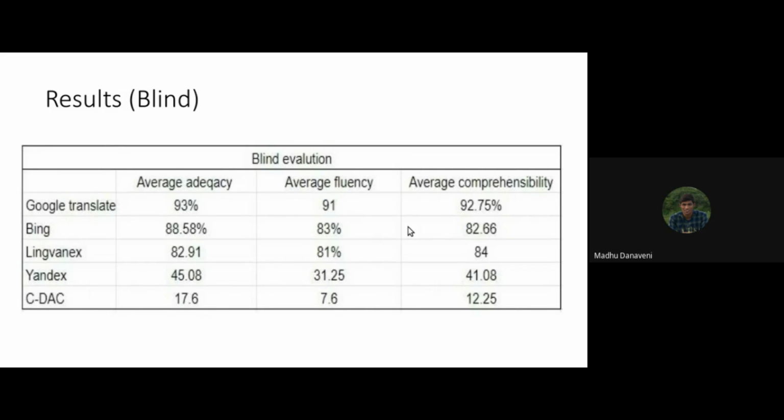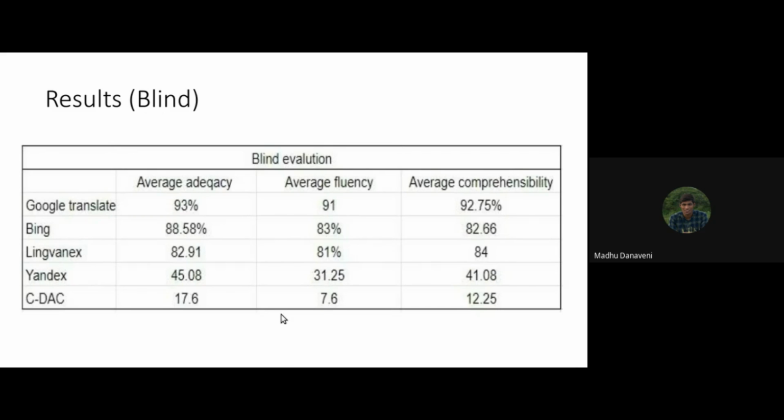Here are the results of the earlier MT systems, blind evaluation. The average adequacy of Google Translate is 93. If you see the figures, Google Translate is outperforming the other four: Bing, Linguistic, Antic, and CIIL.